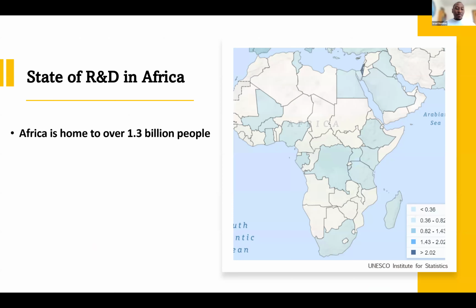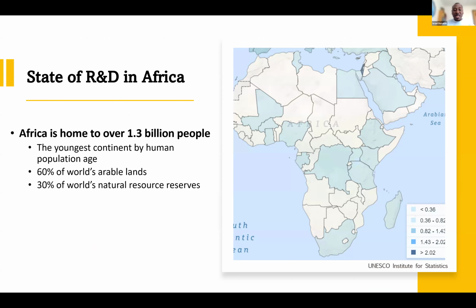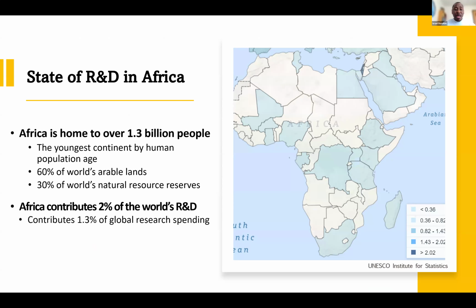First, just to give you a little bit of background information, Africa is home to over 1.3 billion people. It's the youngest continent by human population age. Over 60% of the world's arable lands are found there, and 30% of natural resources. But unfortunately, Africa contributes only about 2% of the world's R&D, and only about 1.3% of global research spending.